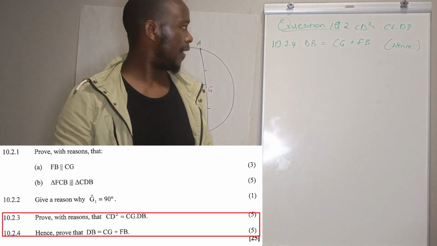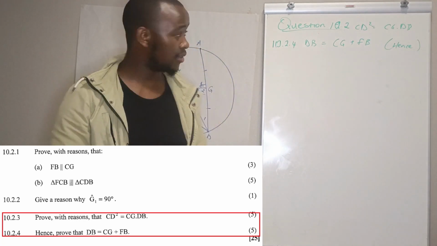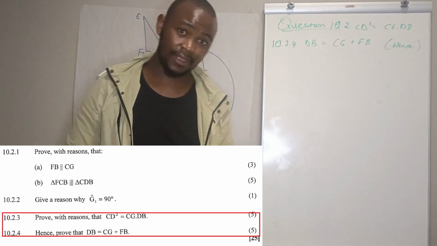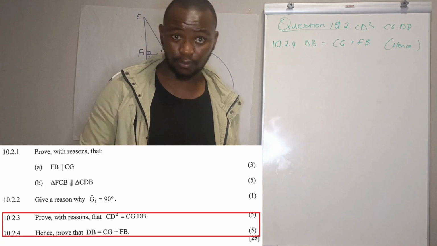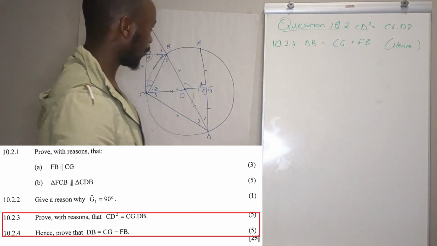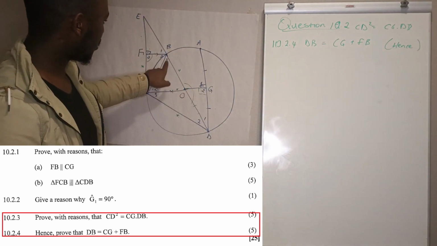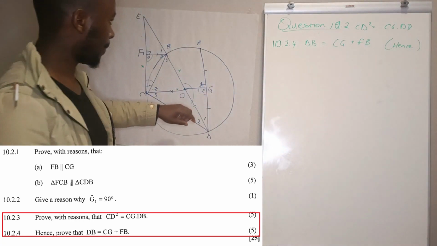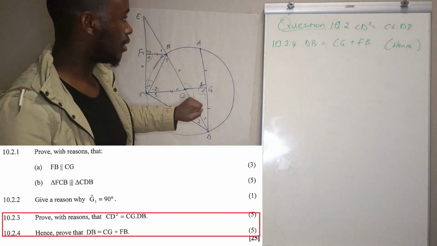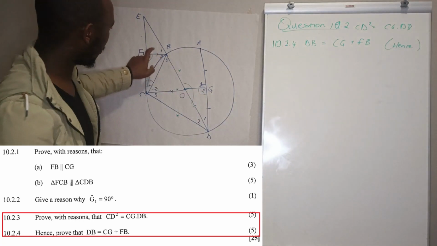All right. Again, the same process. What are the lines in there and which triangles do they form part of? So DB is still in that same triangle we're working with. CG is the same, but FB is on this triangle.